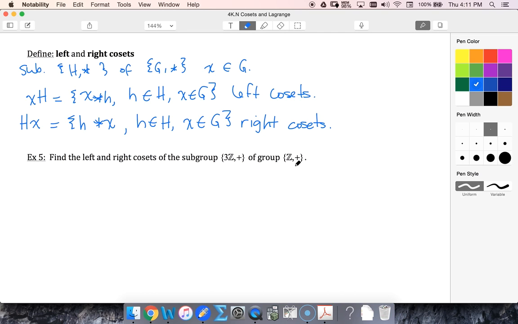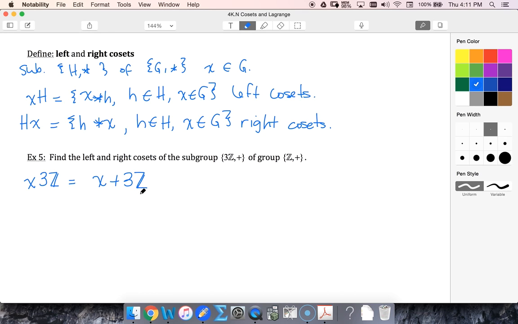So if I think about a Cayley table, let's think about our left cosets first. Our left cosets, we're looking at x plus 3Z. What this really means is x plus every element of the multiples of 3.